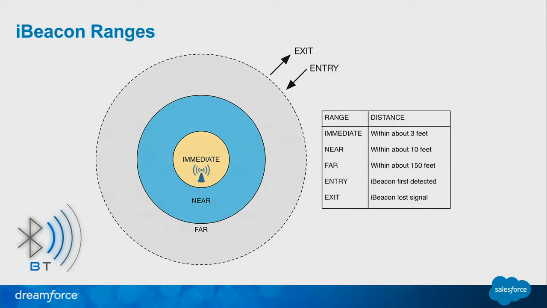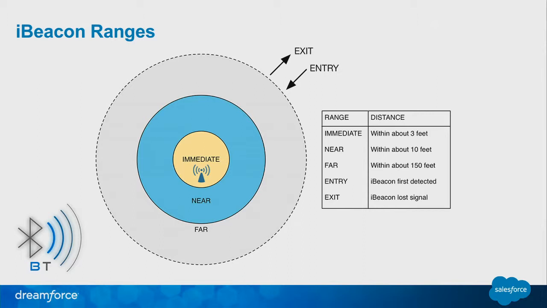It's also important to understand the different ranges for iBeacons, so we can understand how far people are from our iBeacon, or where they're located, based on how close they are to it. If they're far away, which is at a range of about 150-foot radius, they can pick up the iBeacon and sense that it's in the general area.